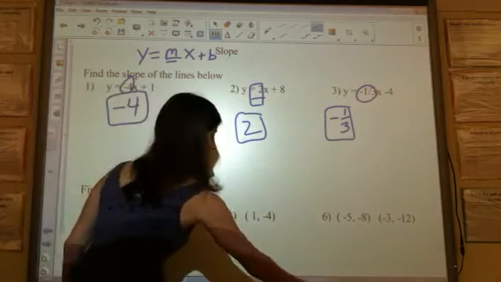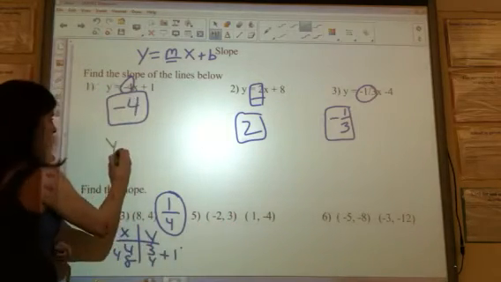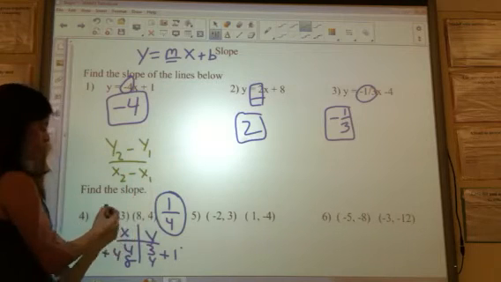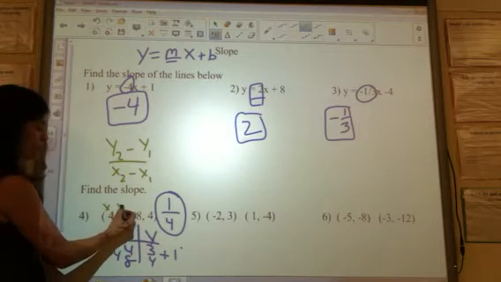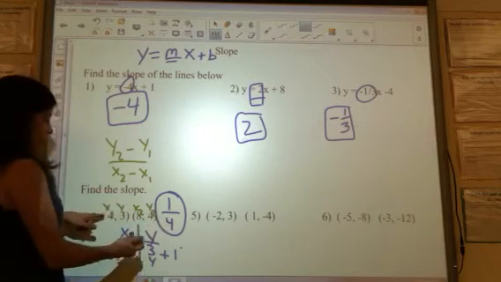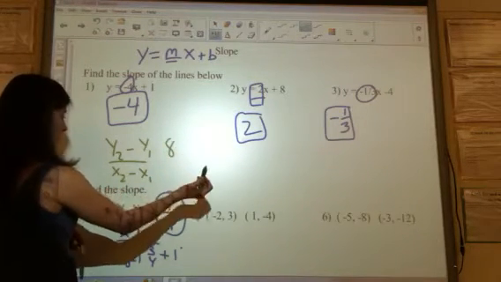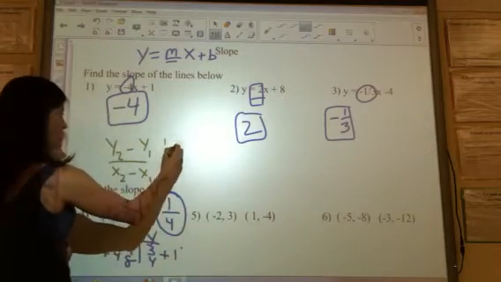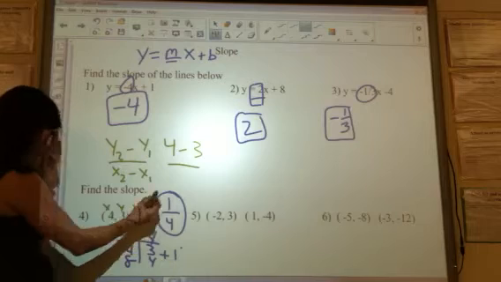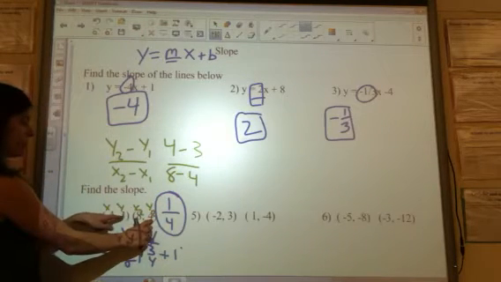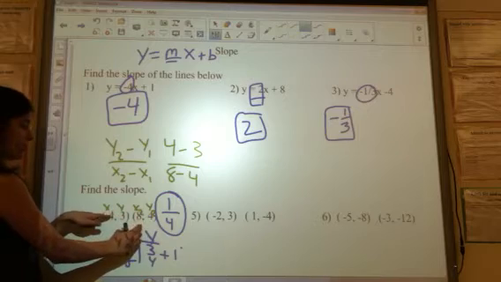If I chose to use the y2 minus y1 over x2 minus x1, I would say this is my x1, y1, x2, y2. So x2, y2 minus y1 over x2 minus x1.